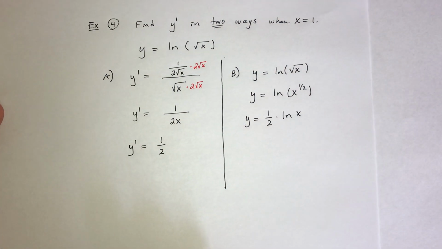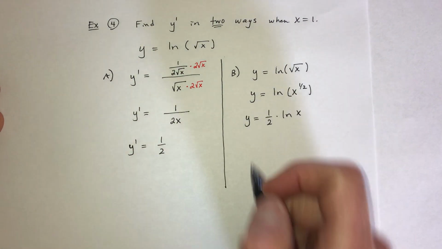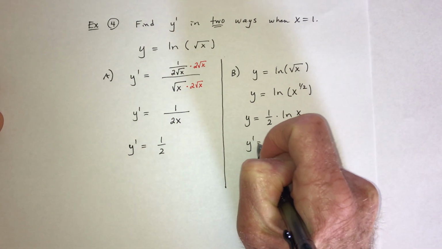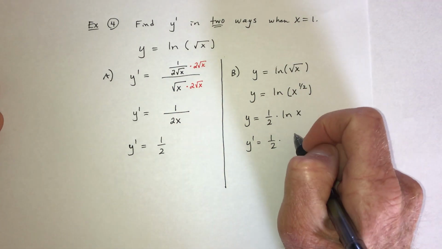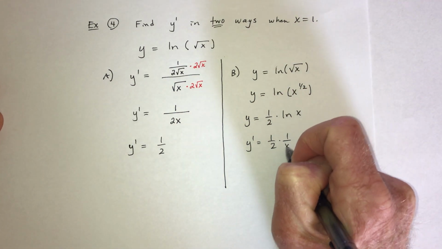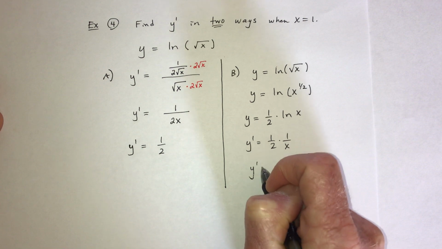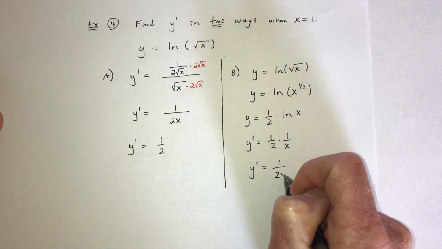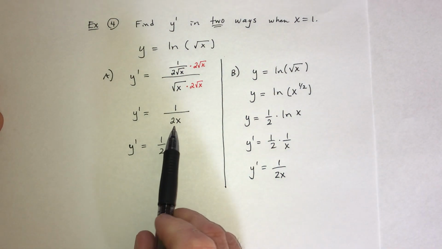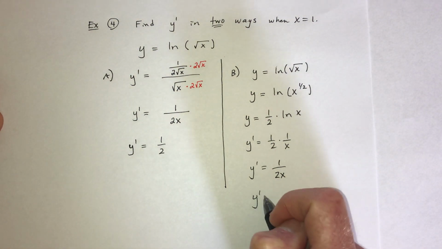All right, that's the pre-calculus part. Now the calculus part. Take the derivative, it'll be 1/2. The derivative of natural log of x is 1 over x. And so when you multiply these 2 fractions, that gives you 1 over 2x. And of course then, we get the same answer.